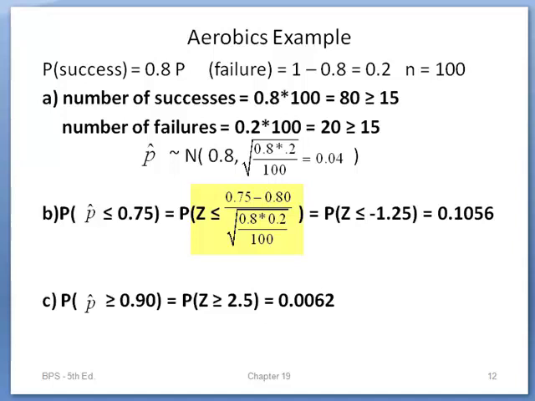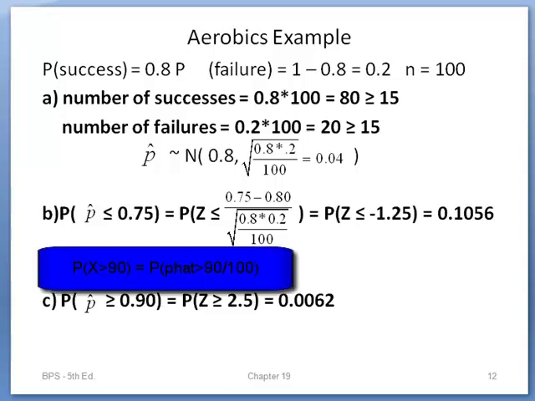So it would be 0.75 minus 0.8 divided by 0.04. We get the probability that z is less than -1.25, and we use Table A to get that probability, 0.1056.